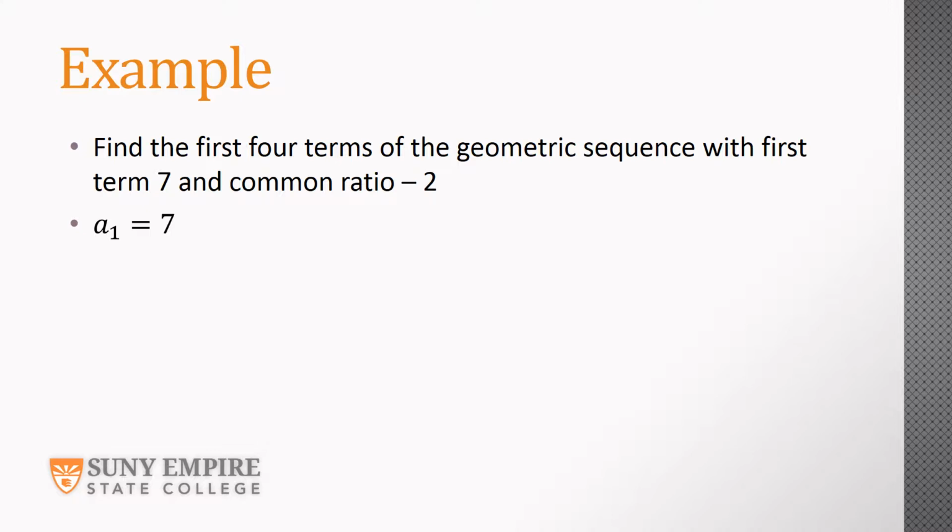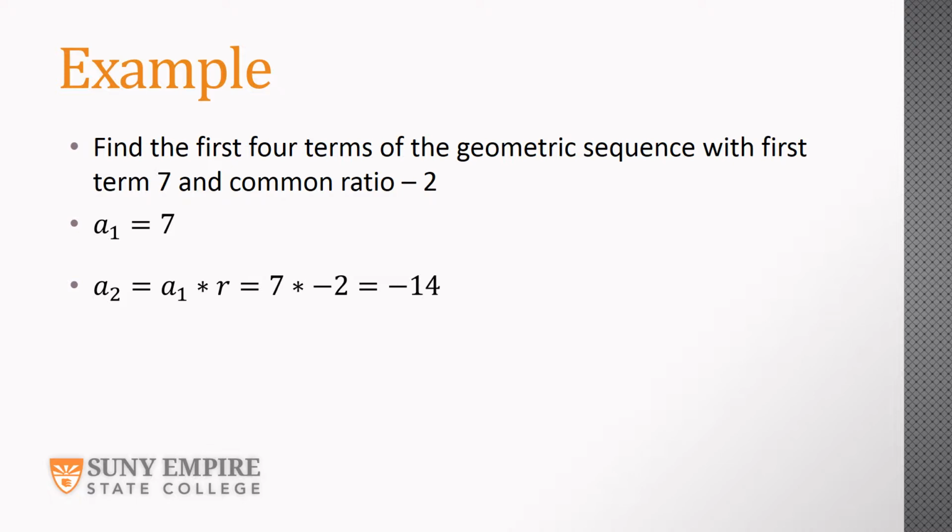Suppose we want to find the first four terms of the geometric sequence that has a first term of 7 and a common ratio of -2. Since we are given a starting amount for the geometric sequence, a sub 1 equals the given 7. To find a sub 2, we need to multiply the previous term by the common ratio.